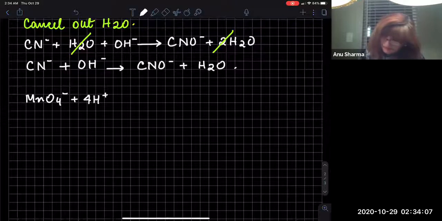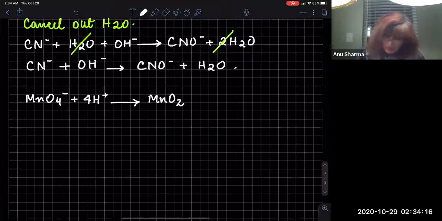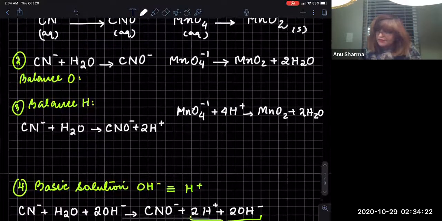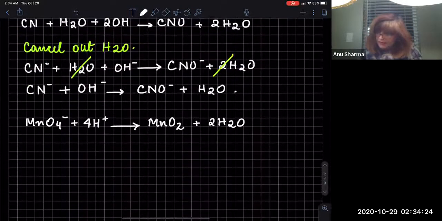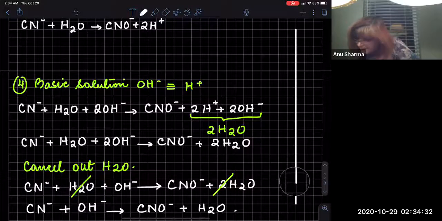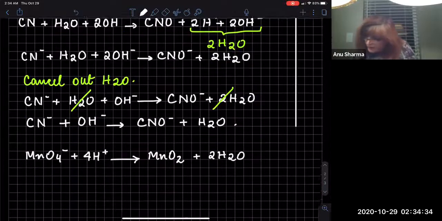So let me just copy it, 4 hydrogen ions, and then it is MnO2 and 2H2O. So this is the story with manganese. We just copied it from here. So let me just show it to you.